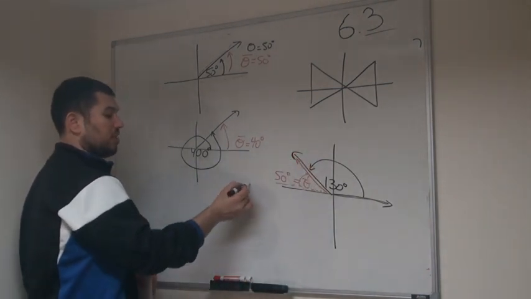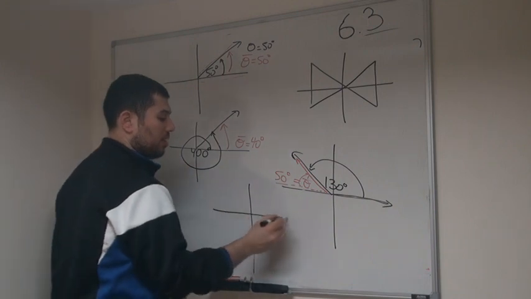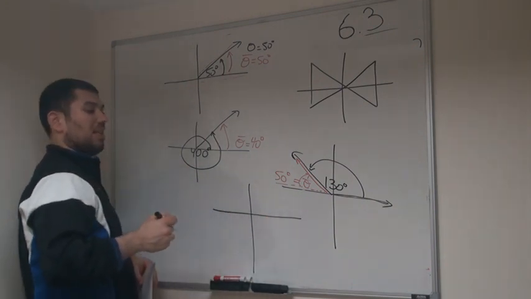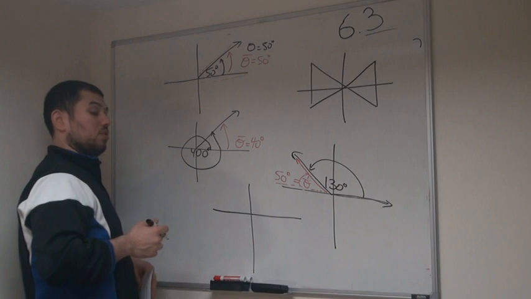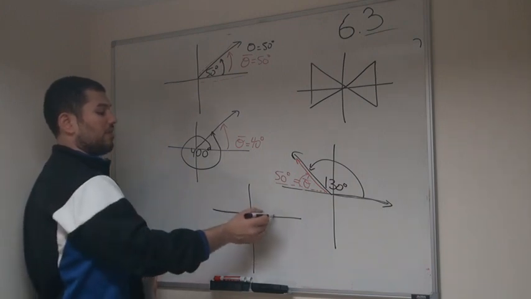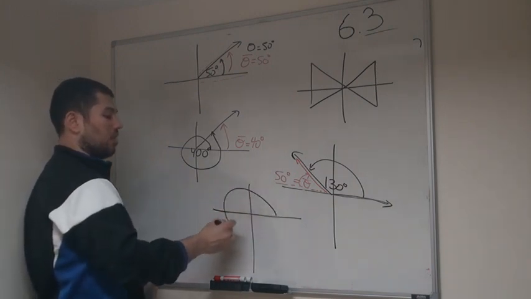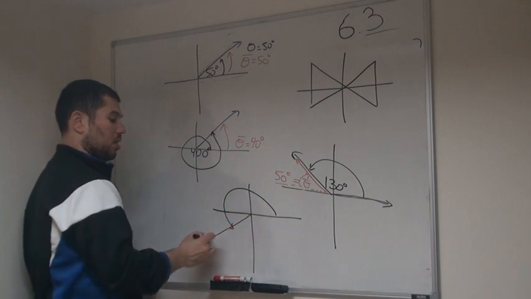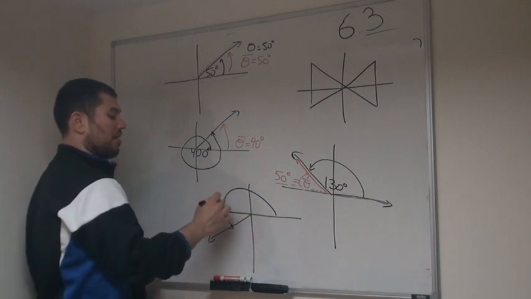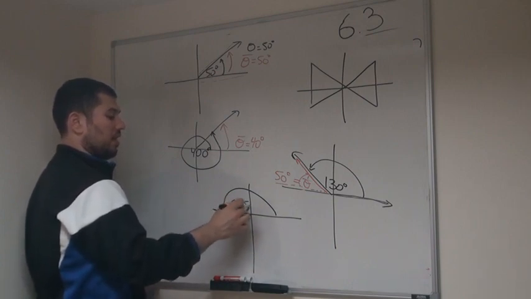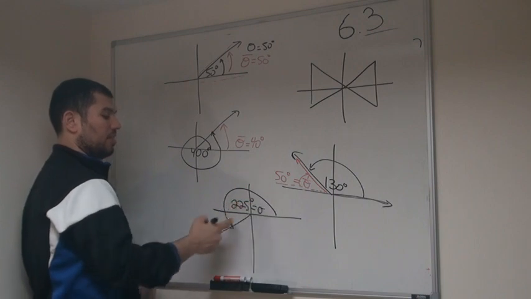Let's look at quadrant 3. Similar type of thought process. Let's say I have an angle that goes into quadrant 3, like 225 degrees. 225 degrees is angle theta. That's the official angle.